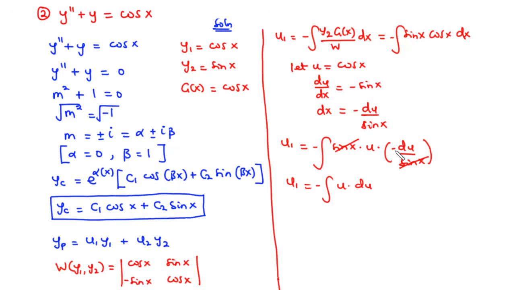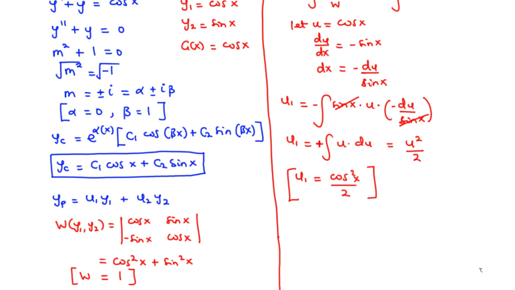So with this the negative becomes positive, and then we integrate u with respect to u, so that becomes u² over 2, and we ignore the constant of integration. Therefore we have u1 equal to, now u is cos x, so that gives cos² x over 2. So this is u1.